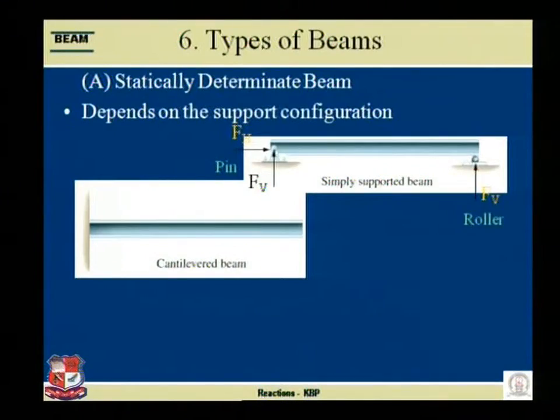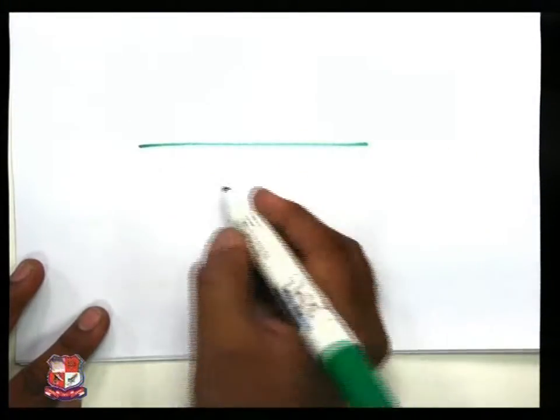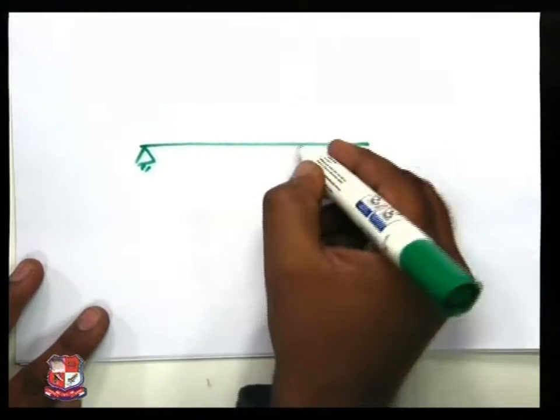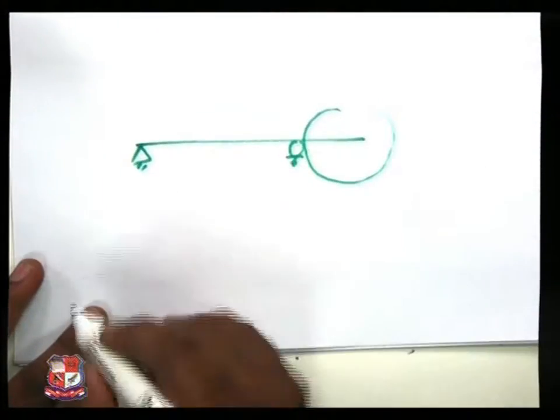Third beam, overhanging beam. Overhanging, the beam which is overhanged beyond the support. Please see over here. The beam whose one end is hinge, another is roller and some part is overhang beyond the support.